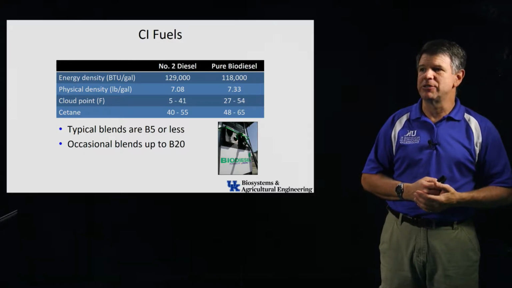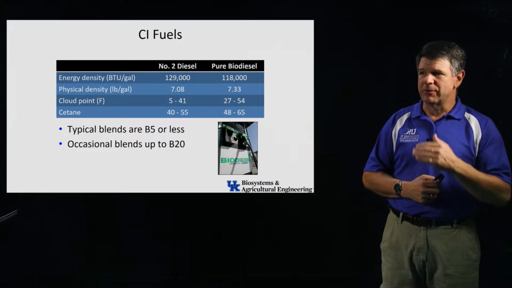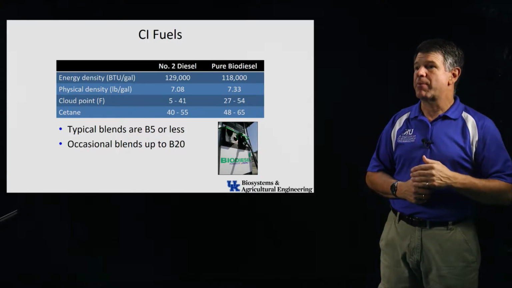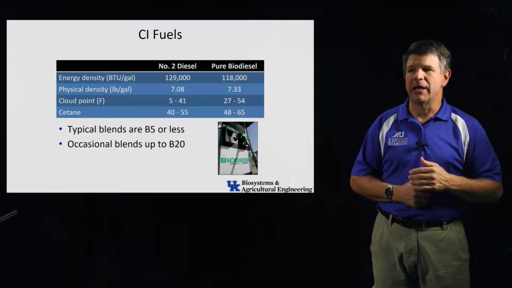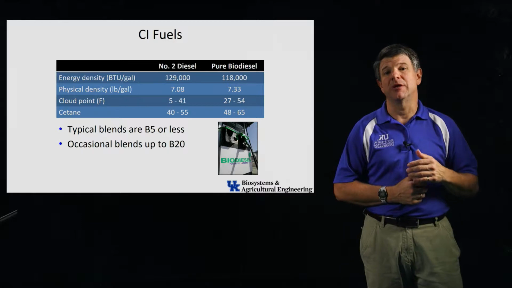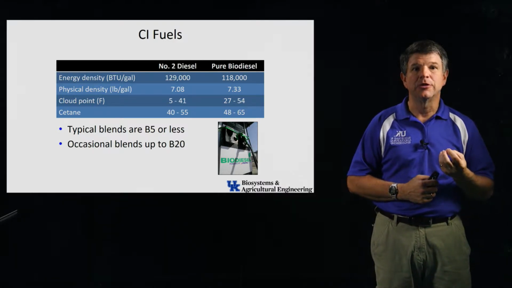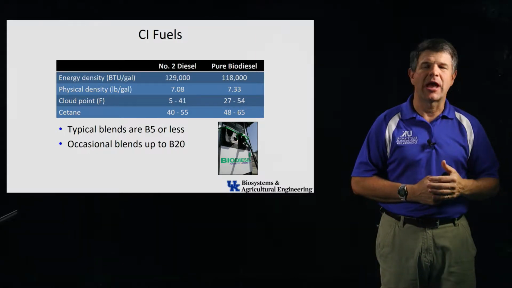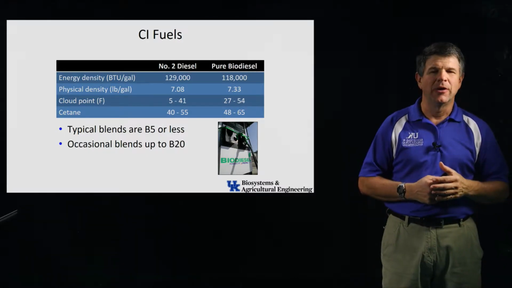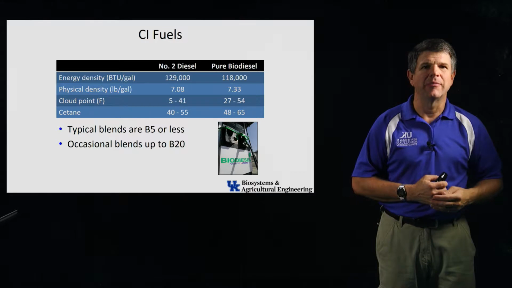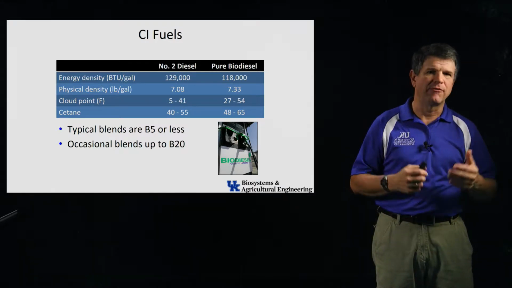Now, one of the challenges with biodiesel, when we look at some of the other properties, is the cloud point, and I'll talk just a bit about cloud point because these fuels, when they get cold, will turn into a gel. In the common vernacular, people in wintertime and winter climates will have trouble with their diesel engine. They say, my fuel gelled up.